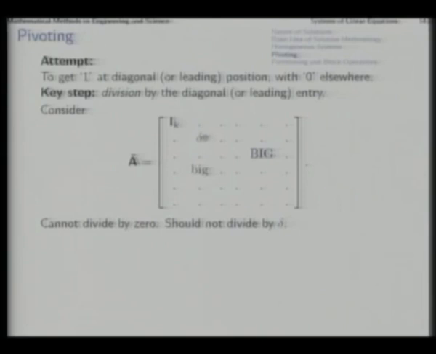Now, we can still apply row interchange or, for that matter, column interchange if we want to get a larger number here.